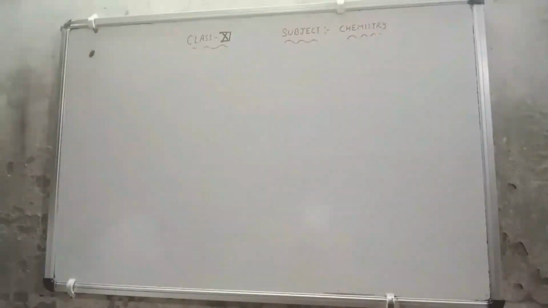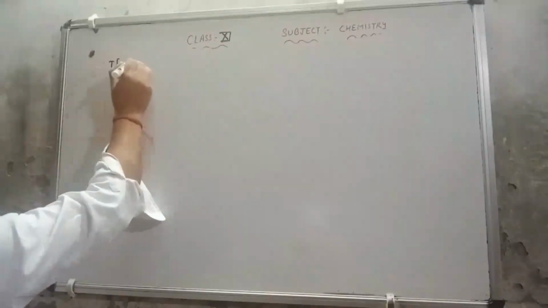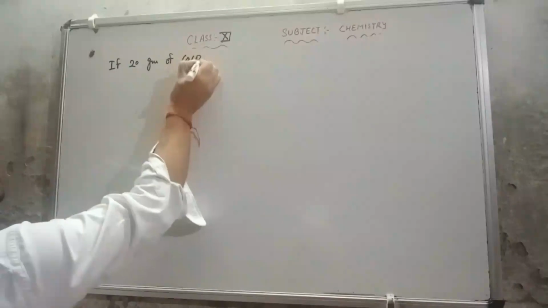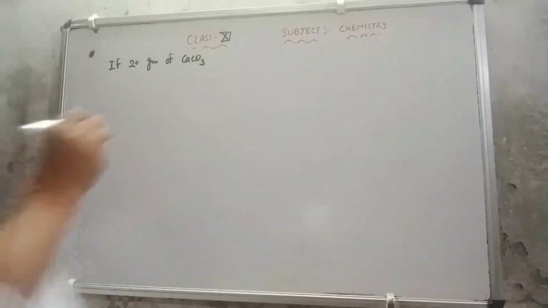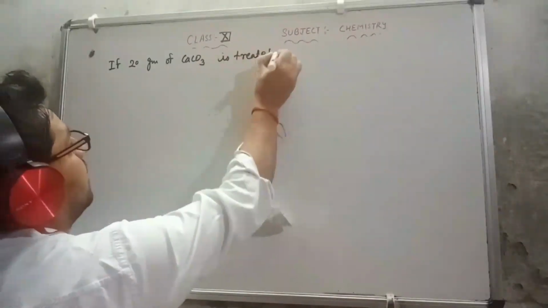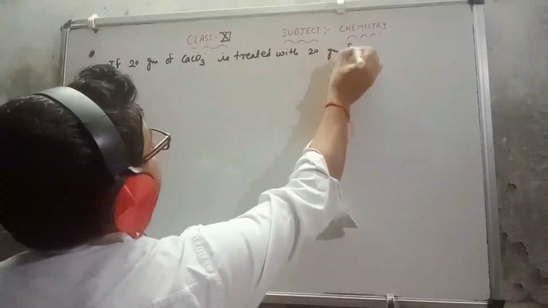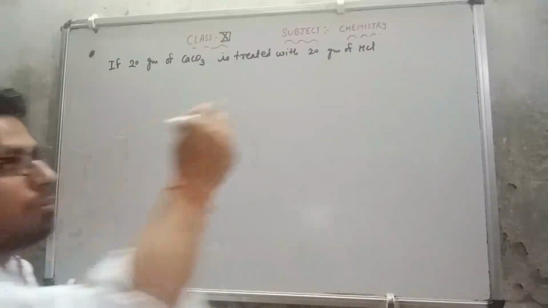The question is: if 20 gram of calcium carbonate, CaCO3, is treated with 20 gram of HCl, then how many gram of CO2 can be produced?